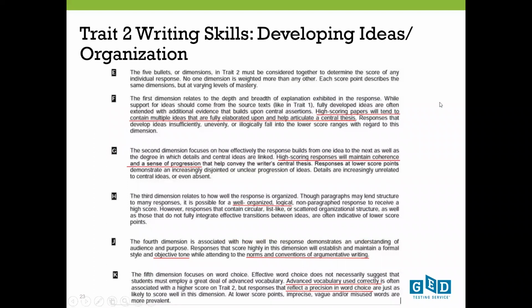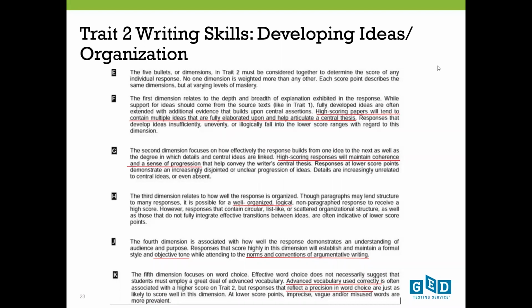And so for the annotation here, I've highlighted again some of the highlights for trait 2, developing ideas and organization. High scoring papers will tend to contain multiple ideas that are fully elaborated and that help articulate their central thesis. High scoring responses will also maintain coherence and a sense of progression of their ideas from one to the next.